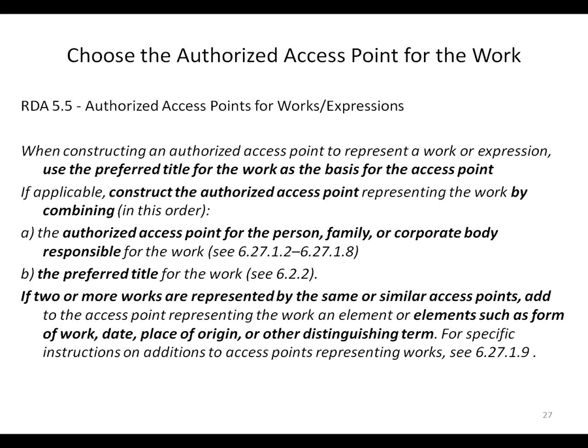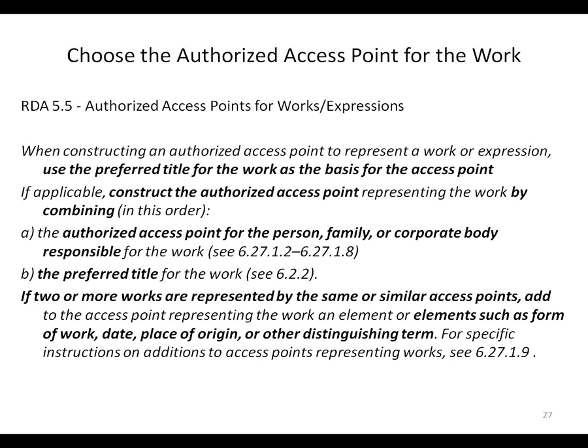RDA 5.5 then also specifies that if two or more works are represented by the same or similar access points, add to that access point a distinguishing term, a distinguishing element, such as form of work, place of origin, or other distinguishing term, and you have instructions as to some suggestions for those kinds of terms at 6.27.1.9.